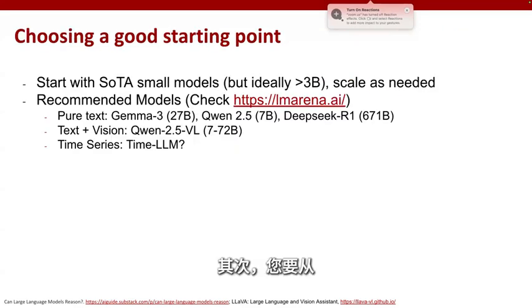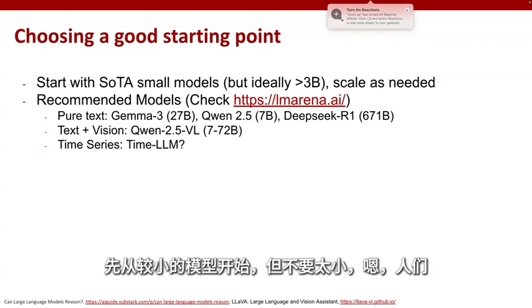And then secondly, you want to start with a good starting point. That essentially means you don't want to use a very old model to fine-tune. Especially, you don't want to use Llama 1, the original Llama model. That was actually a pretty bad model, even when it was released. You want to start with smaller models first, but not too small.